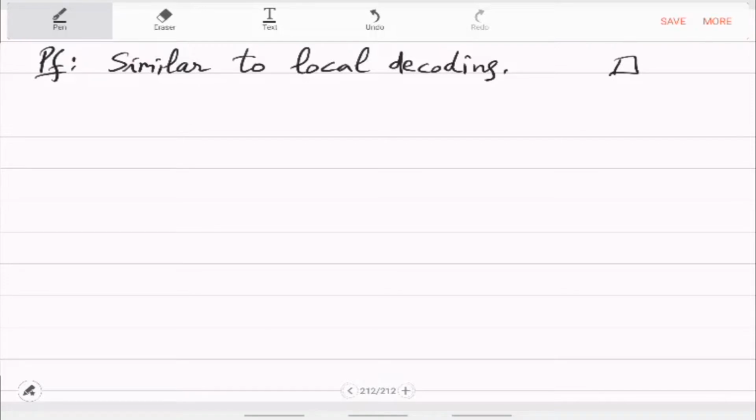Okay, so finally we have finished local list decoding for all these maps. What do we have now? All that remains is to apply this to get an average case hard function.